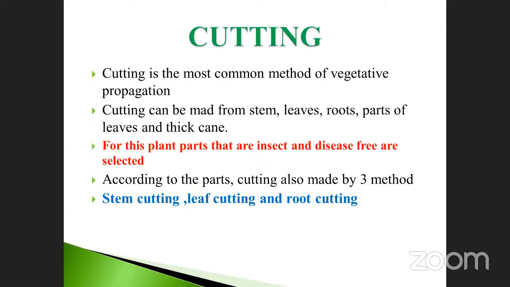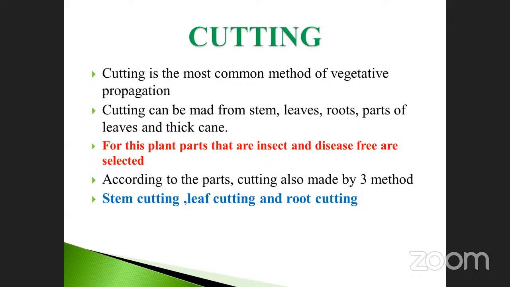The third point is that plant parts that are insect and disease free are selected. That is very, very important. We are not going to plant a diseased one, an infected or contaminated one, because for commercial purposes you have to select superior and good quality, then only it will be better for your yield.